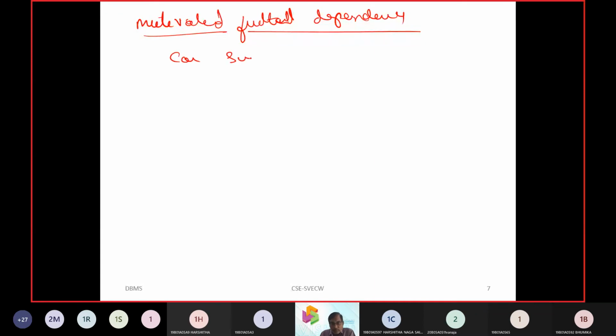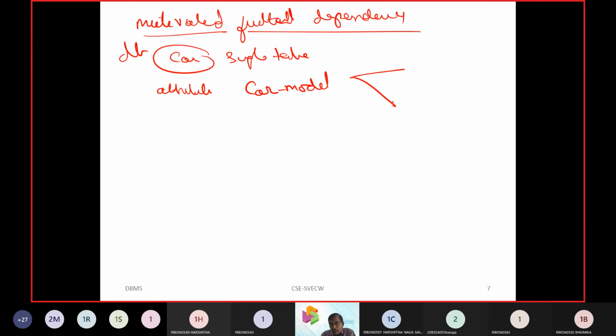There is a single table, which we call car. Now there are some attributes. One attribute is car model.